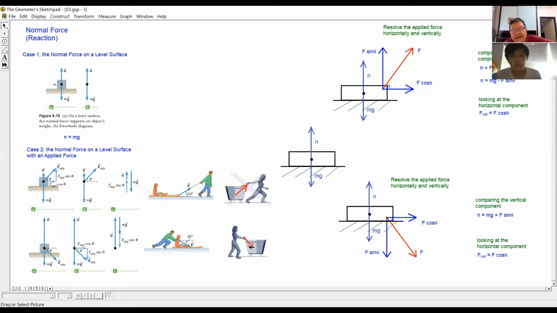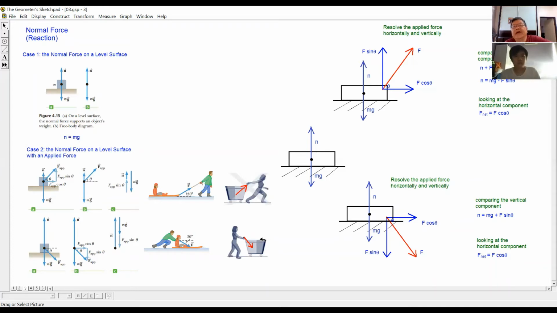This case is similar to a woman pushing a trolley. When the woman pushes a trolley, she's exerting a force downwards, not vertically downwards, but at an angle downwards. So when you're pushing like this, the reaction provided by the surface of the floor is no longer equal to mg.